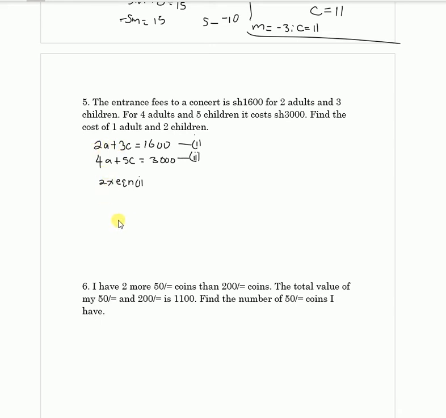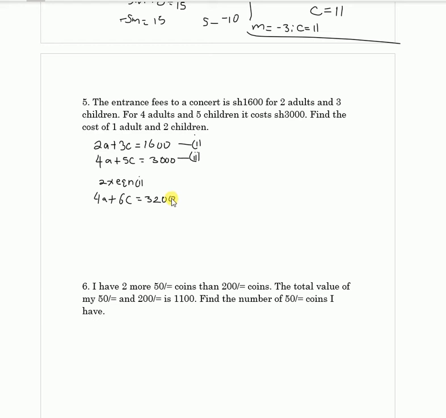So if I multiply that equation by 2, I shall have 4a plus 3c times 2, I get 6c, is equal to this one times 2, which is 3,200.